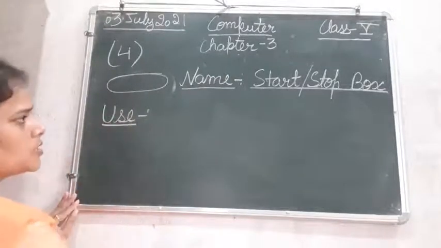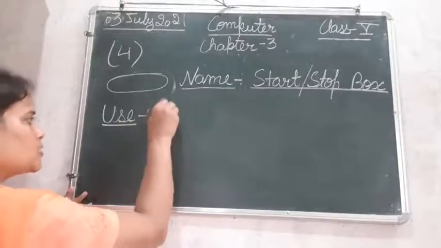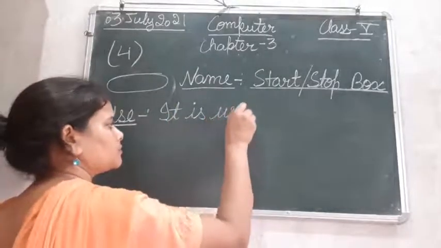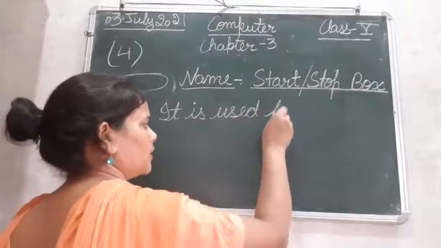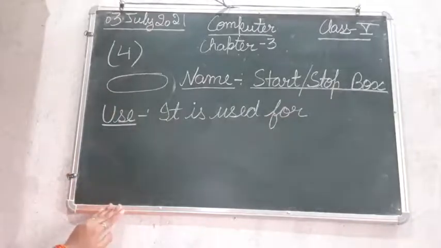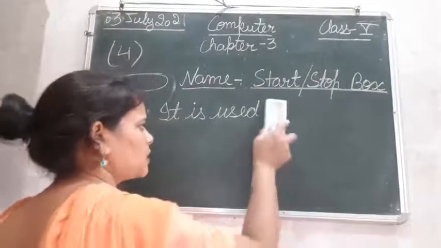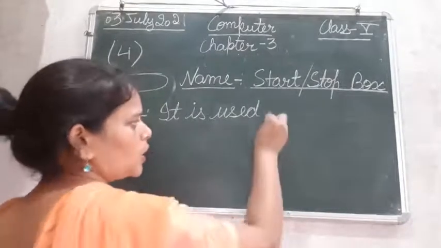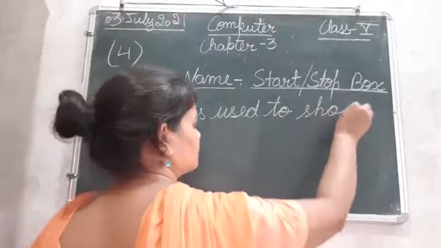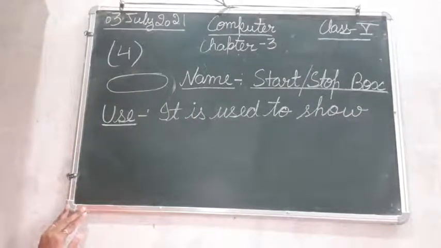So the use of this oval shape symbol is, it is used to show starting and ending of a flow chart.